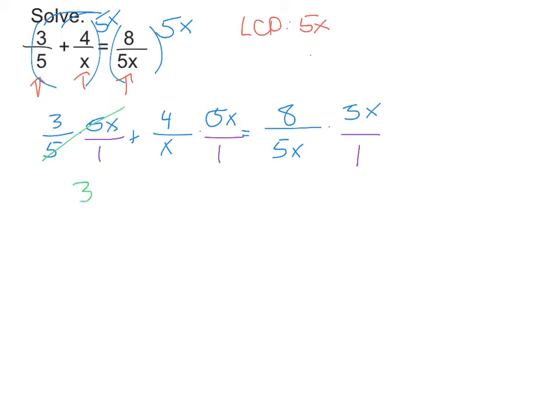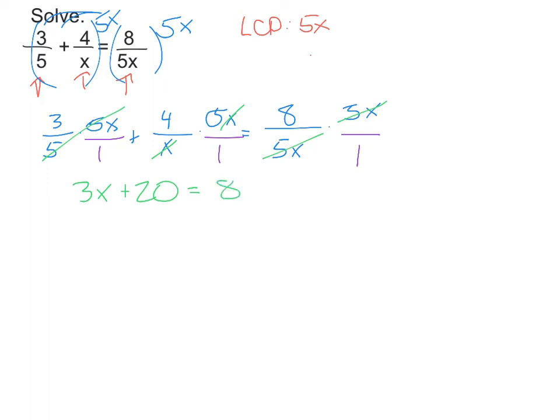We have 3 times x, which makes 3x. For the next one, 4 over x times 5x over 1. We have an x on top and bottom. Those will cancel. We're just left with 5 times 4. So it's a plus 20 equals. And then the other one, 5x on top and bottom both cancel, and all we have left is 8.